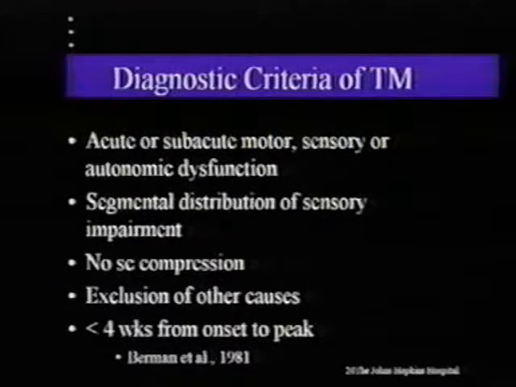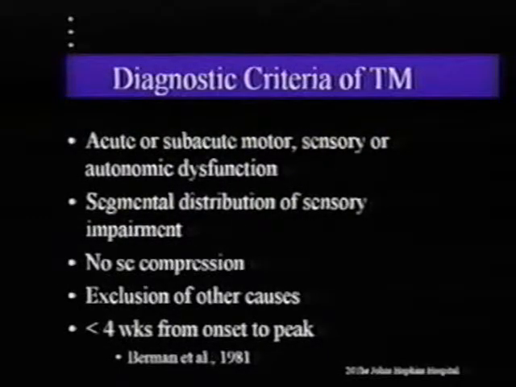These are the diagnostic criteria that we have used, set forth in 1981, and I think one of the things that we may do this weekend is to decide if this is an appropriate definition or if indeed it needs to be changed somewhat. It is acute or subacute motor, sensory, or autonomic dysfunction. Autonomic dysfunction primarily means bowel and bladder problems.